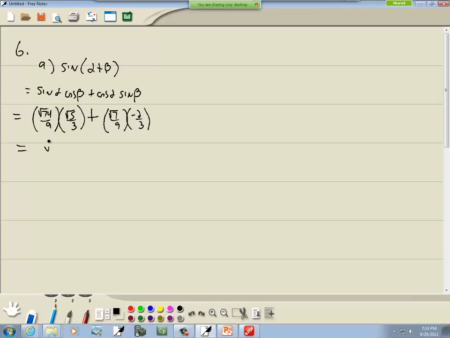Multiply those together and I get square root of 370 over 27 minus 2 square root of 7 over 27. Merge those together and we get square root of 370 minus 2 square root of 7 over 27.